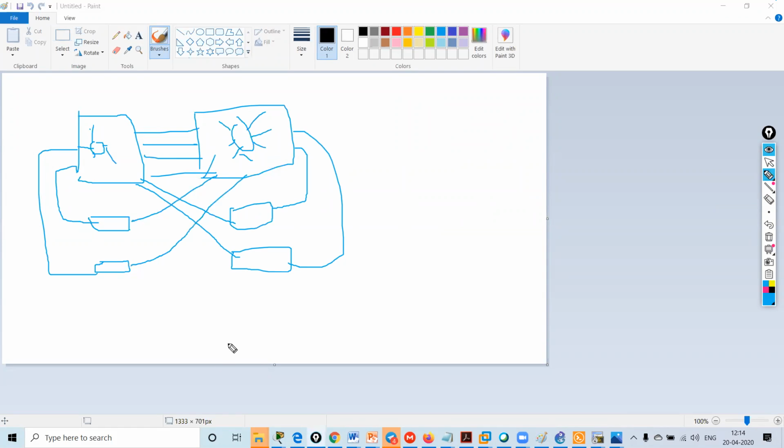Okay, so now this is a hierarchical model. Now what happens in the hierarchical model if I am running STP? If I am running STP, then for a VLAN, I will be using one STP instance.